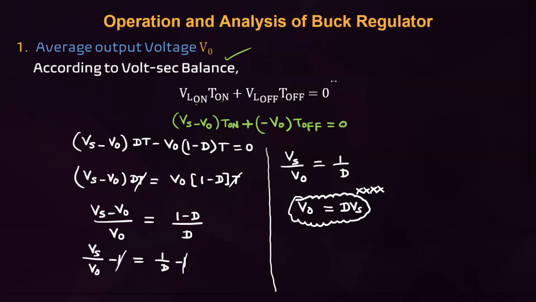Yes, thank you. Yeah, V not equal to dVs. Okay, this formula is important. Now, in a buck regulator or step down chopper, what is the average output voltage? dVs.